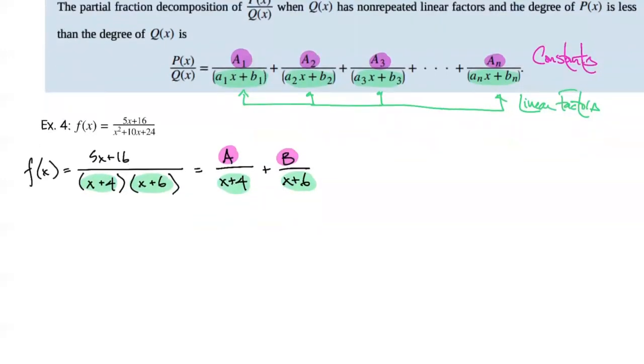If I wanted to add these two fractions together, could I just add them the way they are right now? We'd get a plus b over x plus 4 plus x plus 6. That would be making the same mistake as saying 1/3 plus 1/2 is 2/5. So what would we need in order to add these two fractions together?